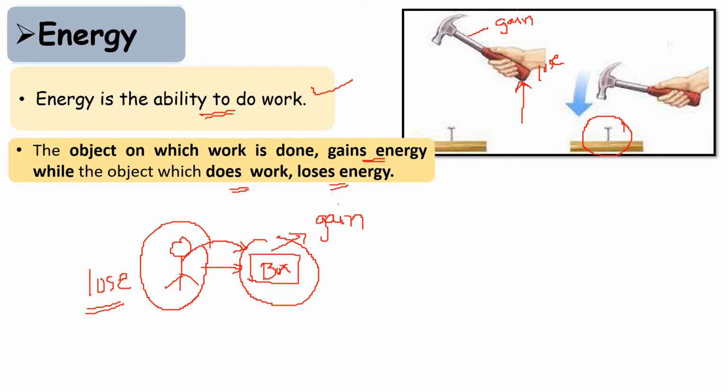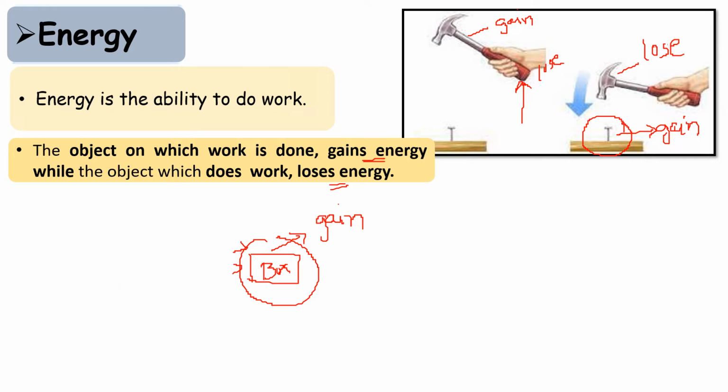That means the hammer is doing work. So the hammer will lose energy and the work is done on this nail. So the nail will gain energy. So energy is the ability to do work. The object on which work is done gains energy, while the object which does work loses energy.